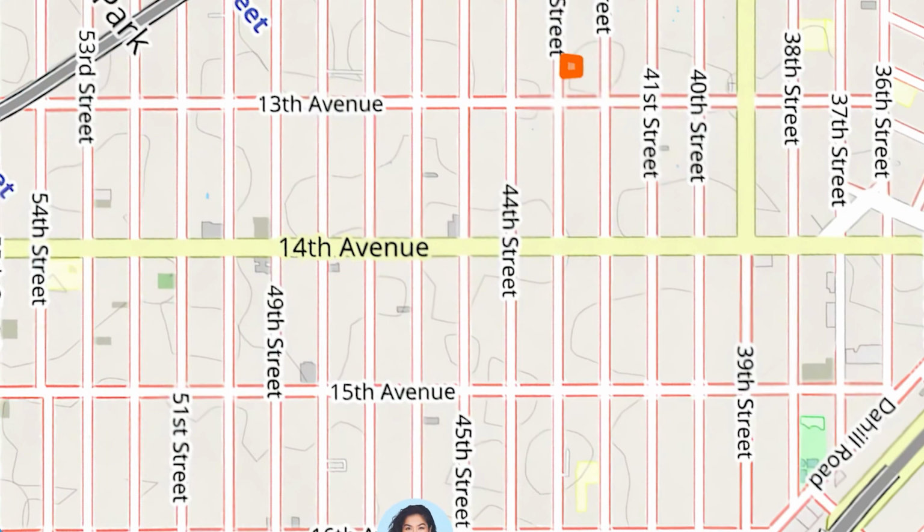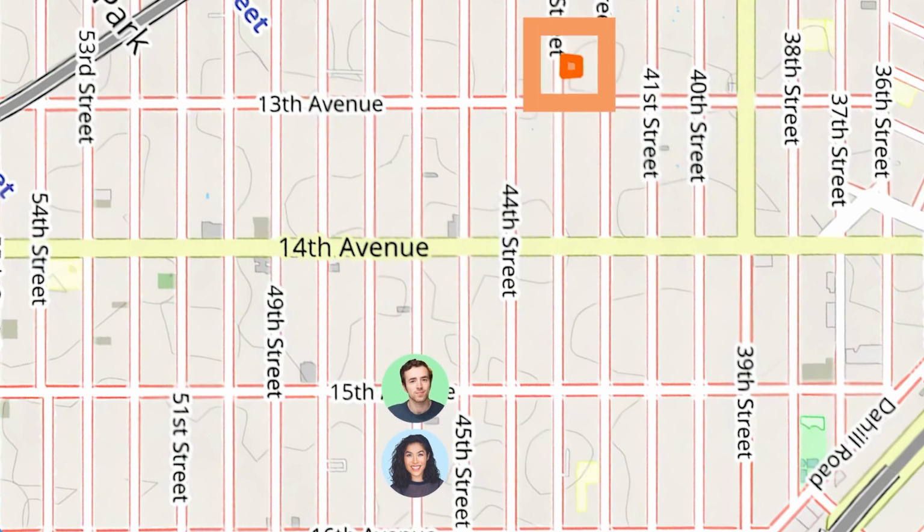Let's say I'm walking up this street, and just as I'm getting to the end of the block, someone asks for directions to the local library, which is this orange square on the map. How should I give them those directions?